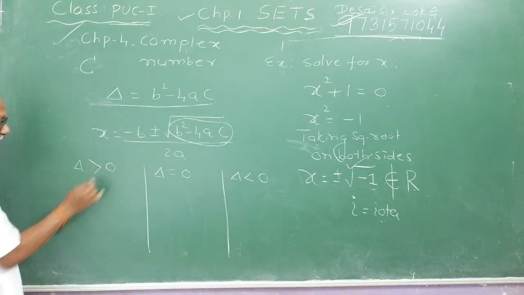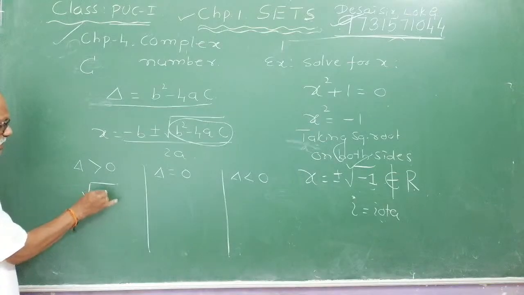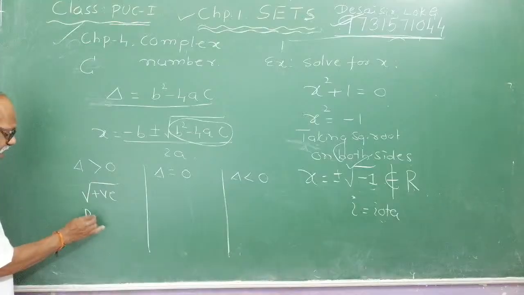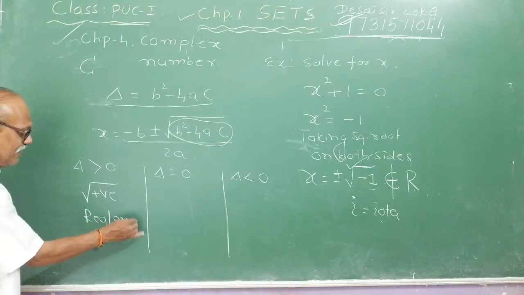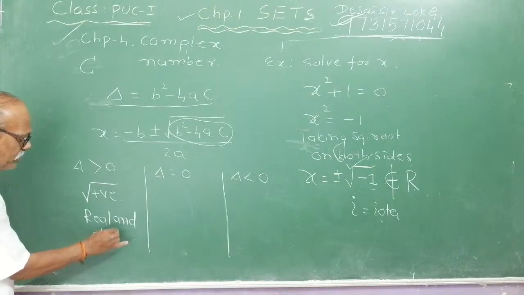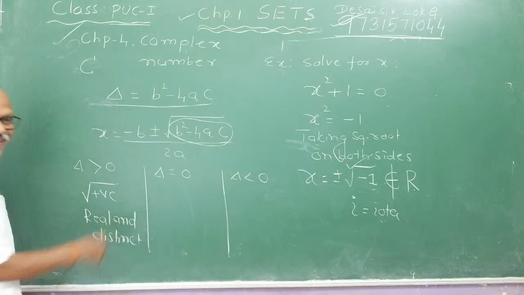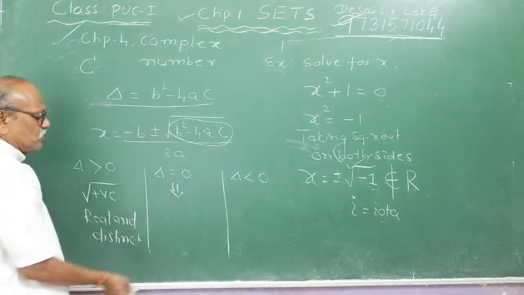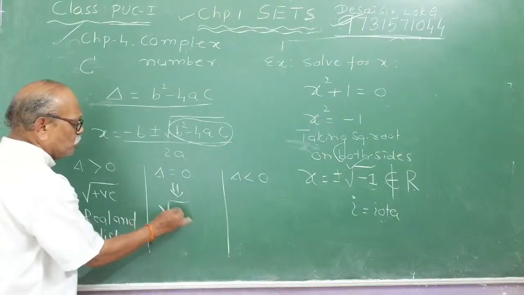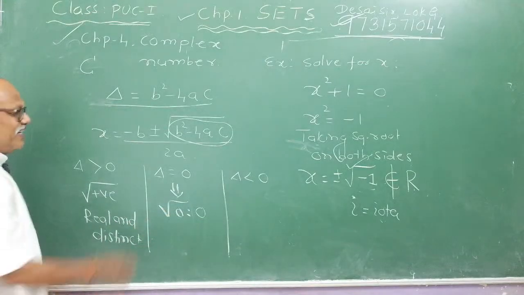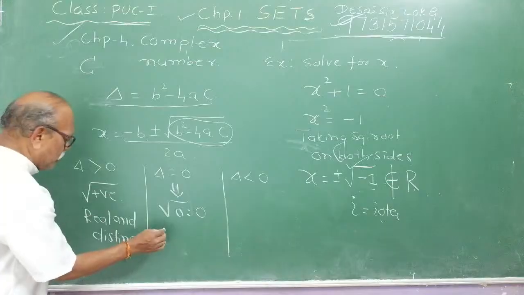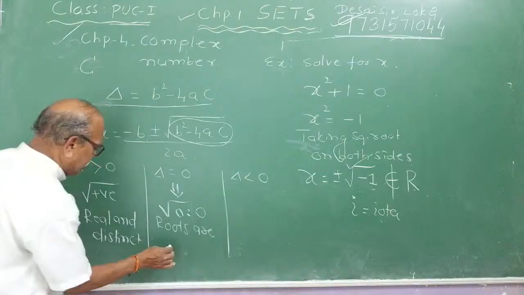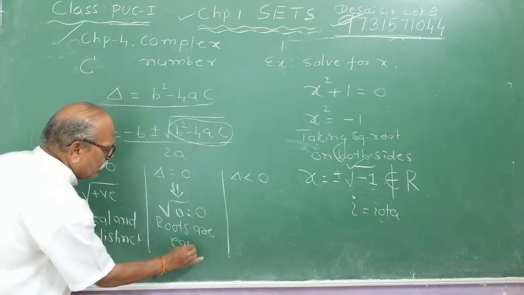If delta is greater than 0, it means root of a positive number, then the roots are real and distinct. When delta is equal to 0, under root 0 will be 0 only. In that case, you used to say that it has only one root. Roots are equal.